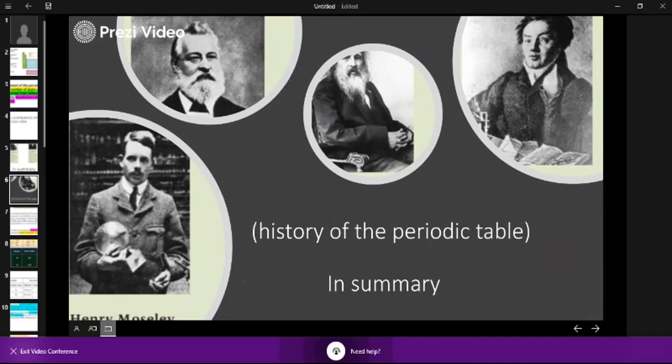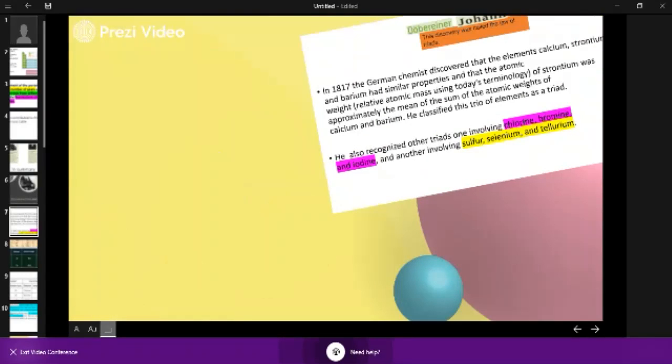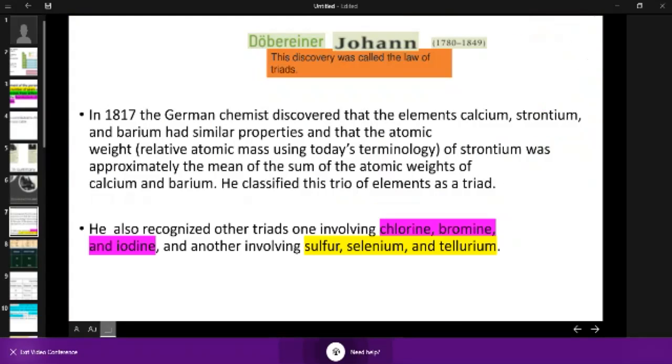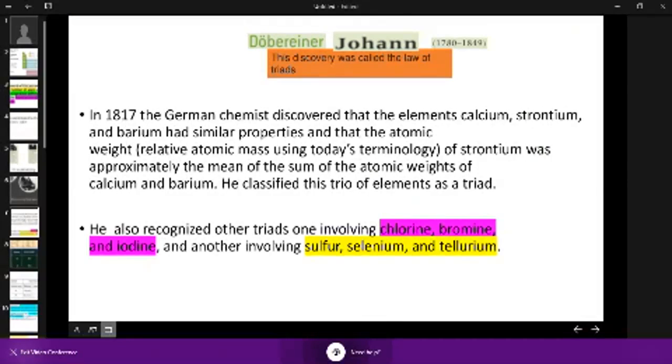I'll begin with the first one, that is Bruyn, who brought the law of triads. This was a German chemist, and he discovered that elements such as calcium, strontium, and barium had similar properties, and also that the atomic weight of strontium was approximately the mean of the sum of atomic weights of calcium and barium.